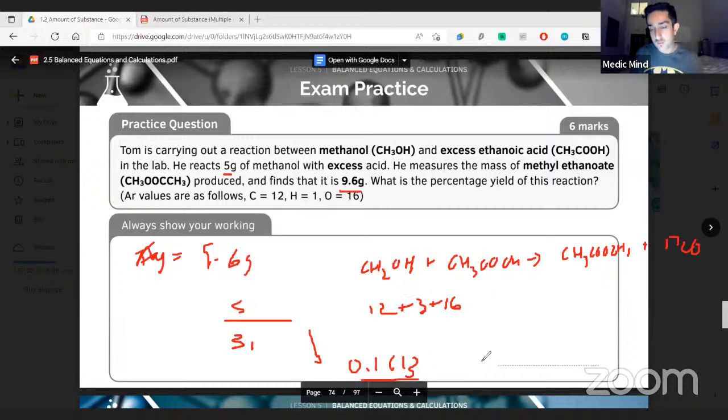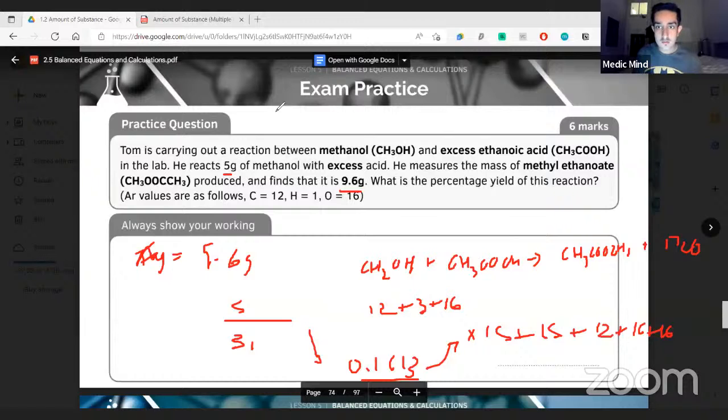And you know it's a 1-to-1 reaction, so you're producing this much of the methyl ethanoate. So multiply this moles by the MR of methyl ethanoate.